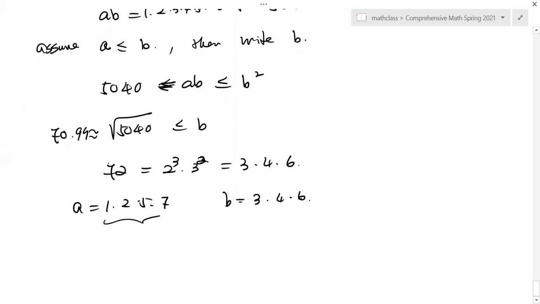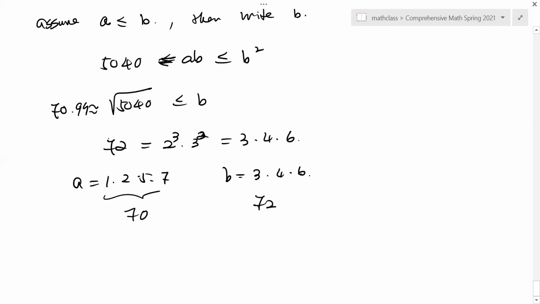This is 2 times 5 times 7, which is 70, and this is 72. So when you choose these two sets, the larger number you get is 72.